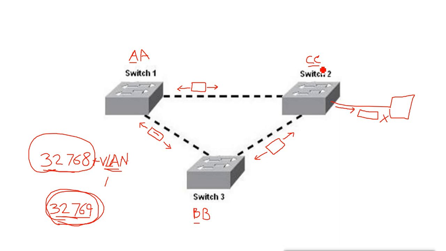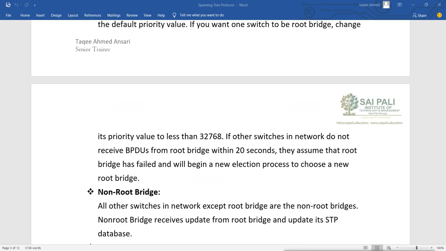So A is less than C and B. So switch 1 will win and become the root bridge. After the root bridge is chosen, all the other switches become non-root bridges.